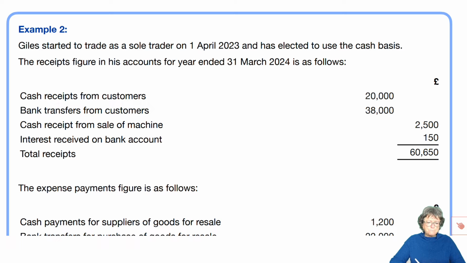So Giles is a sole trader. He's elected for the cash basis, so you definitely need to be dealing with that. He's got receipts: bank transfers from the customers that he's received, some cash from a sale of machinery, so that needs to be included, and interest that he received from the bank account.